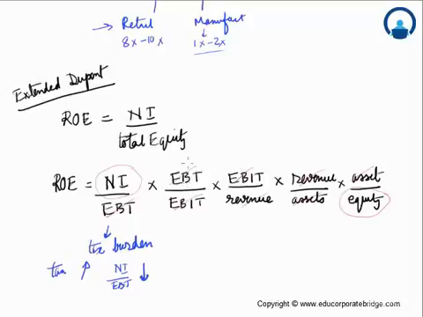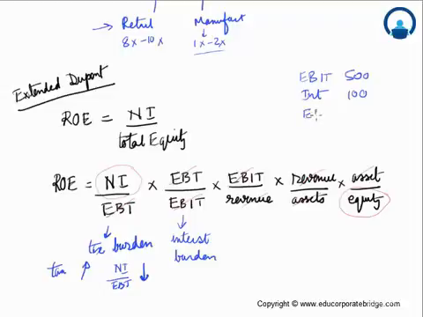The next term, EBT divided by EBIT, will be called interest burden. The way we called the other one tax burden, this is called interest burden. Now in order to effectively understand this EBT divided by EBIT, let's take a case where EBIT is, let's say, 500 and interest expense, let's say, 100.